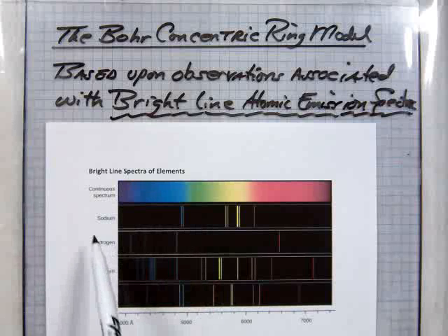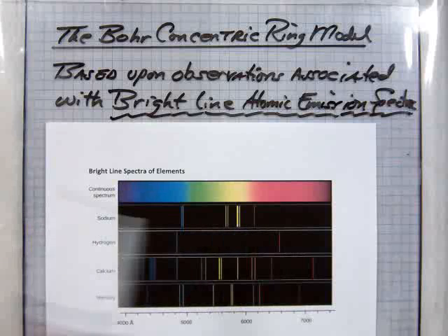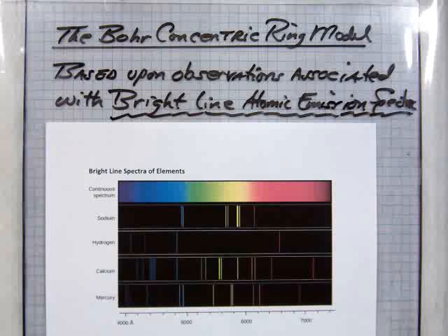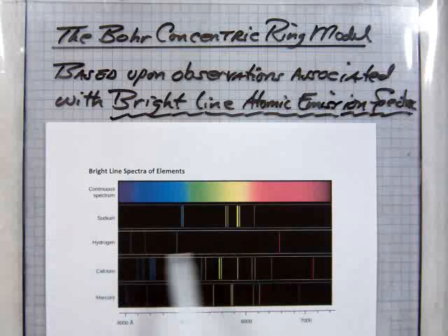Here is sodium. All sodium elements will demonstrate this kind of pattern if you run the light through what is called a spectroscope. Very simple instrument. It's just a mounted prism with a little telescope on it, and you can see the colors that are generated. I'll show you that in a minute.